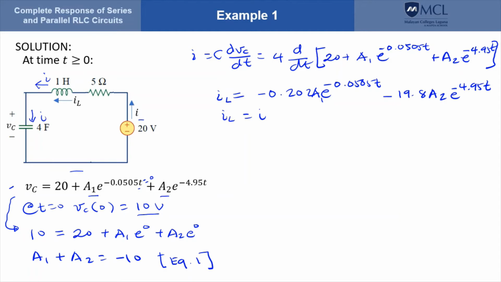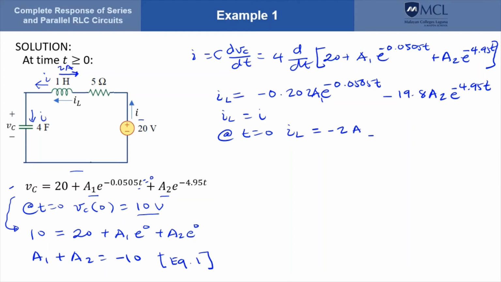We can use the initial condition for the current through the inductor, and that is, at t equals 0, we have I sub L equals negative 2 amperes. Okay, so why negative 2? Take note that the direction of the current through the inductor at t equals 0 is to the right, and that is 2 amperes.